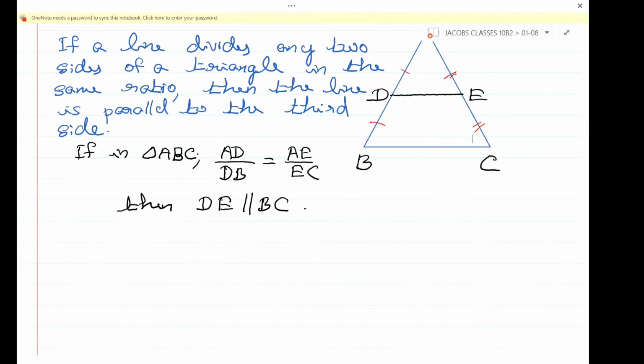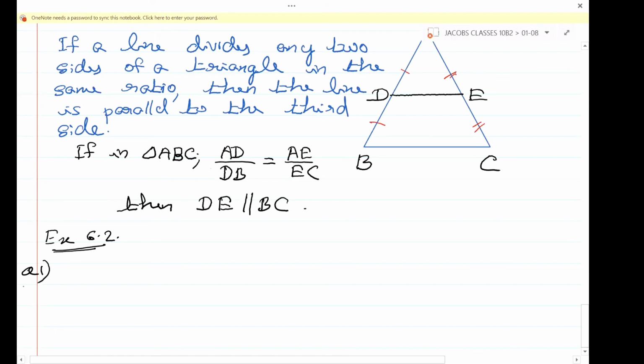Okay, so we'll do a question based on this concept from Exercise 6.2, question number 1.